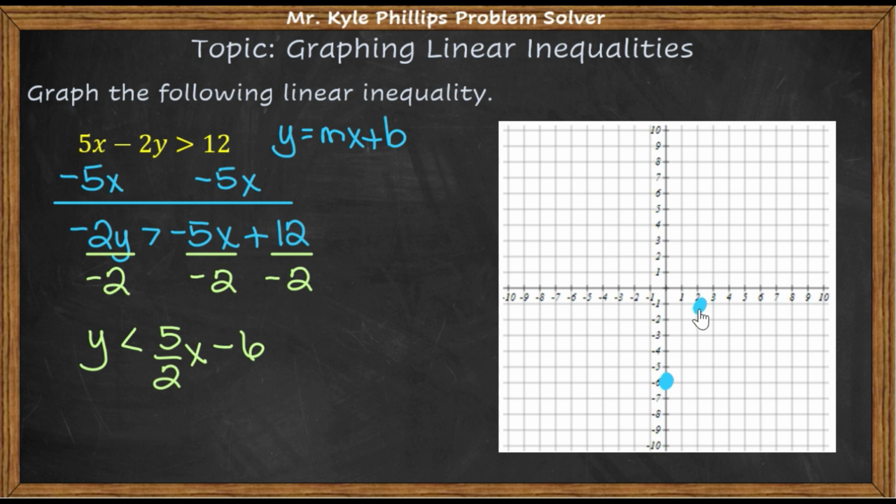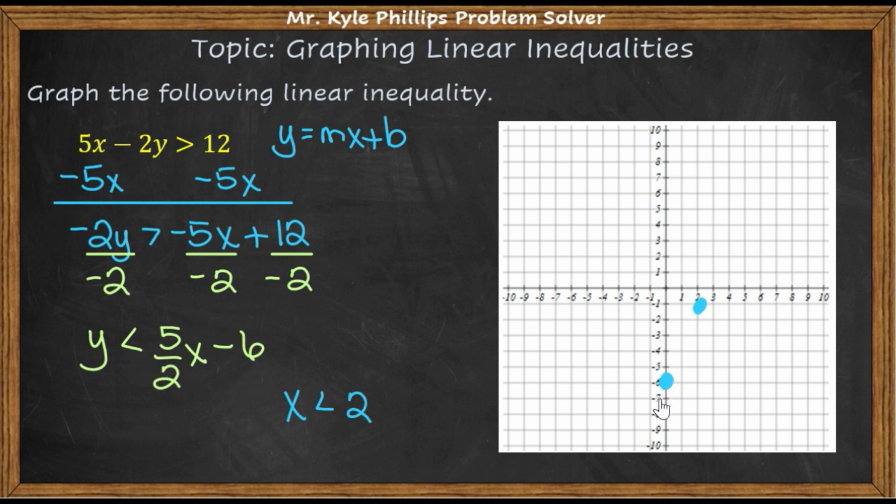Now, one thing to pay attention to with inequalities. Let's make a comparison here. What if I said x is less than 2? This is any number smaller than 2. You cannot pick the number 2. Here, this inequality, the y value must be smaller than this.